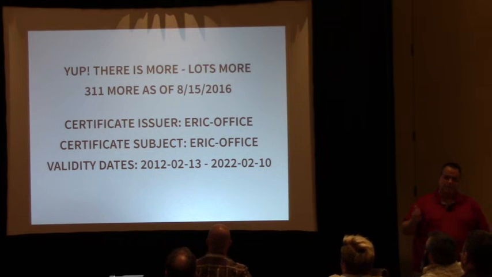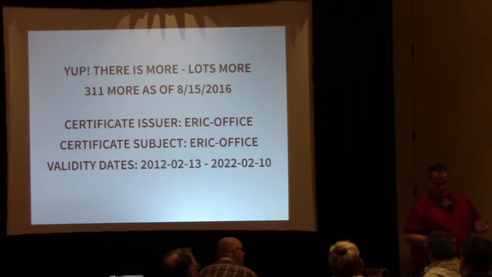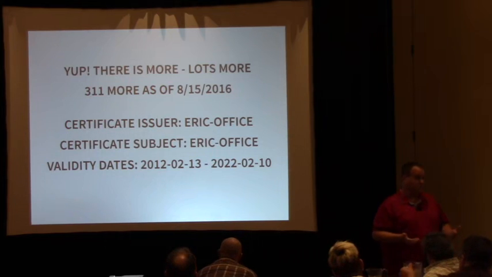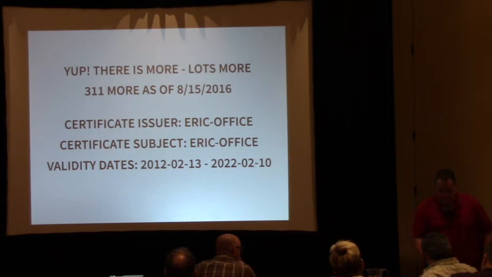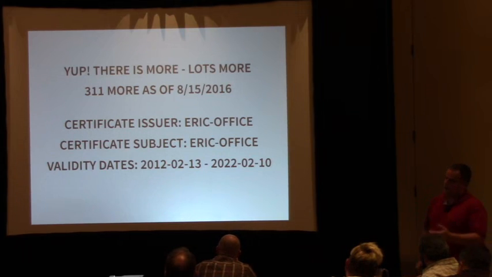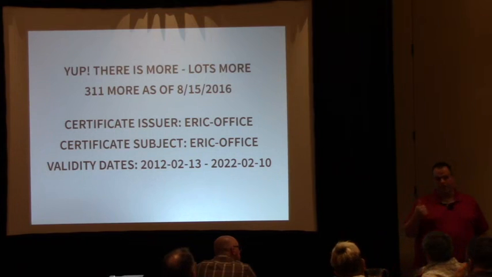What's interesting about this, it is self-signed. The issuer and the subject are all the same. It's Eric Office. I don't know if this was actually from Eric's office. I have no idea. But what's interesting about this one is it was created on February 13th, 2012. Now, I haven't gone back to look at older Elise samples to see if any of them also called out the IPs that maybe had this reference in it.